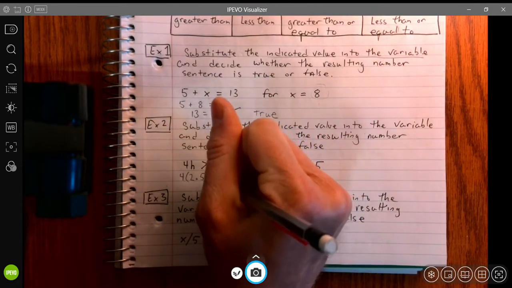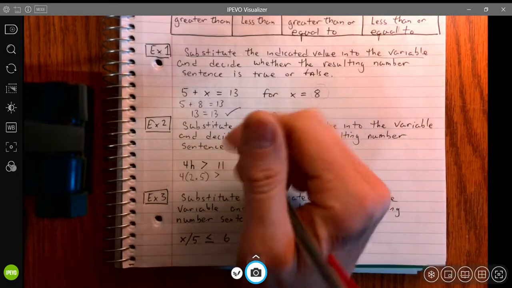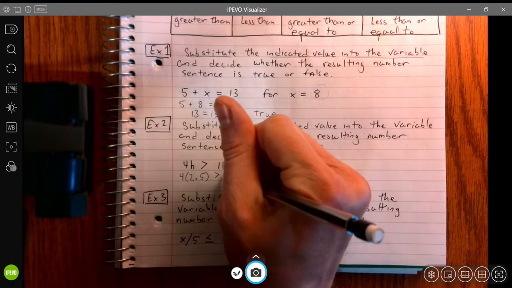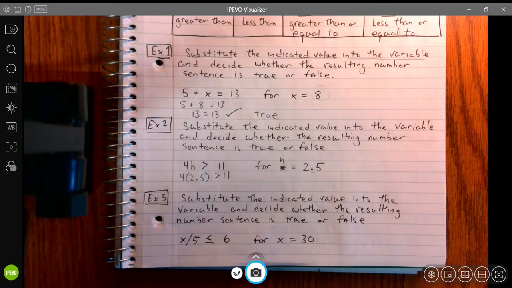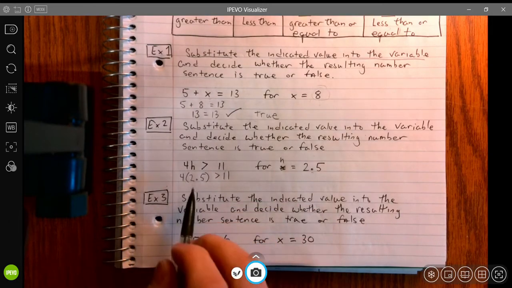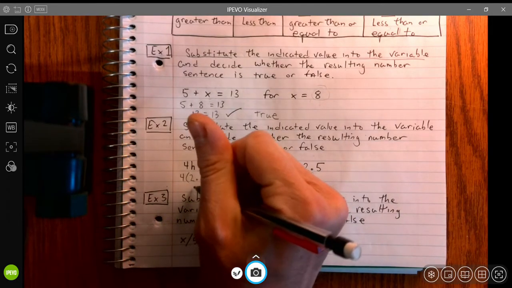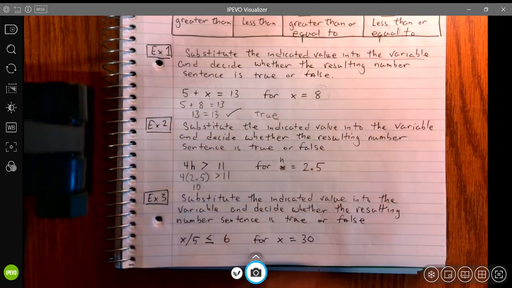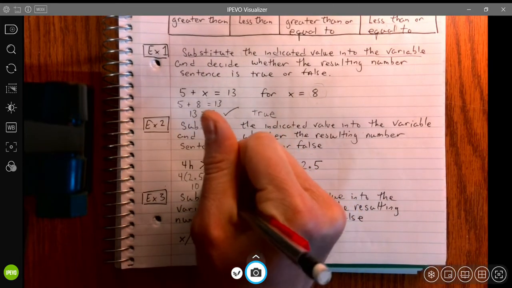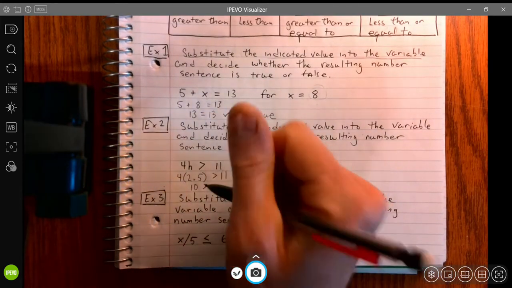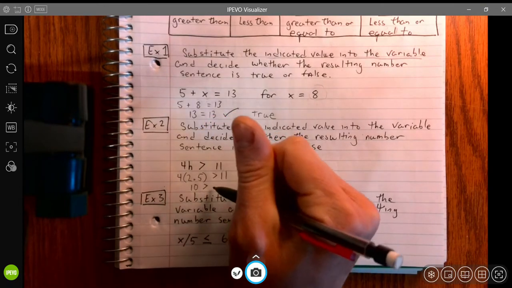So 4 times 2.5, is that greater than 11? Well, 4 times 2.5 is 10. And there's no operation on the right side, so I'm just going to copy down the greater than symbol and copy down 11.